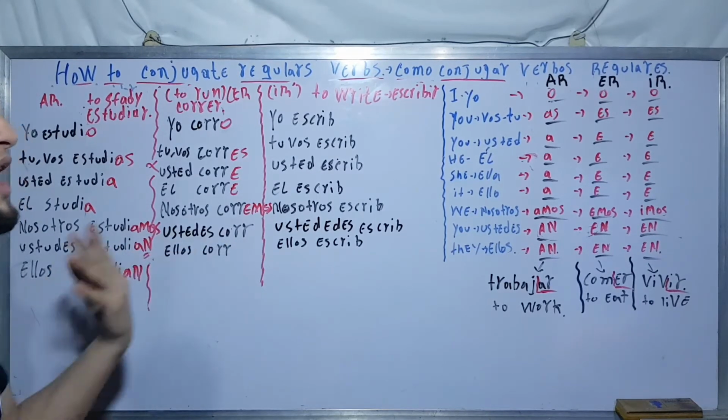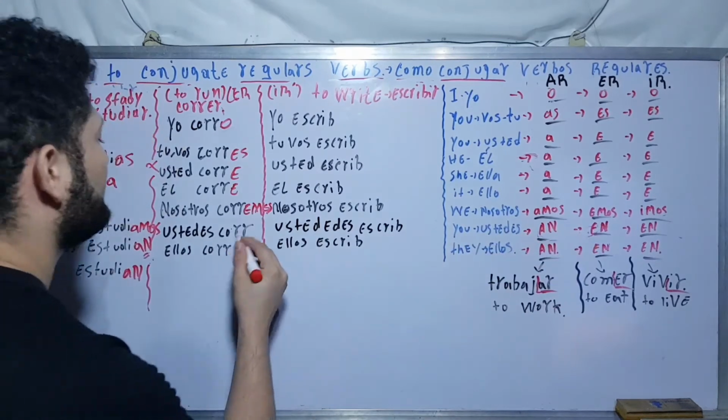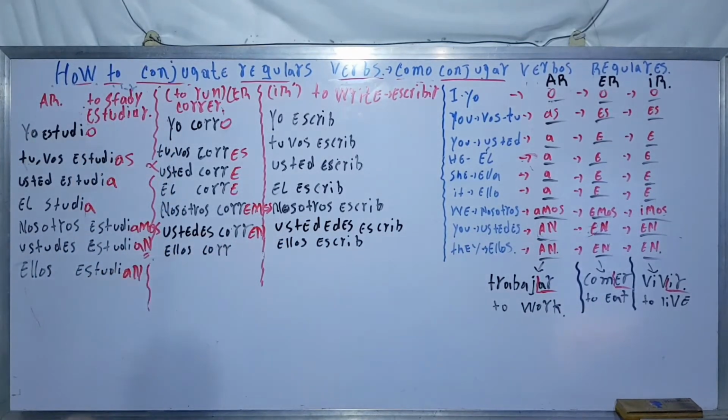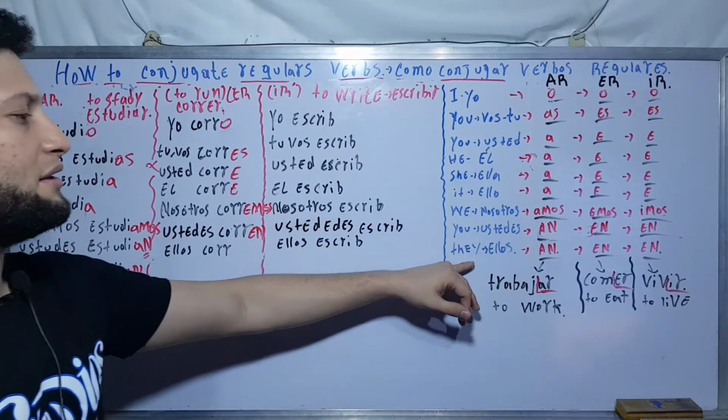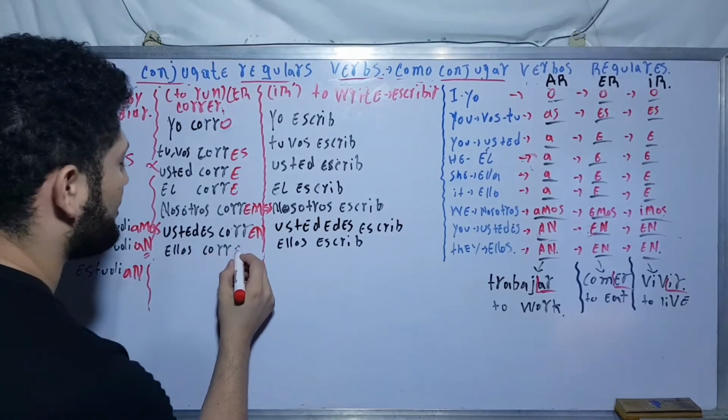Ustedes corren. You guys run, corren. EN. Ustedes corren. And the last one, they, ellos, EN, ellos corren.